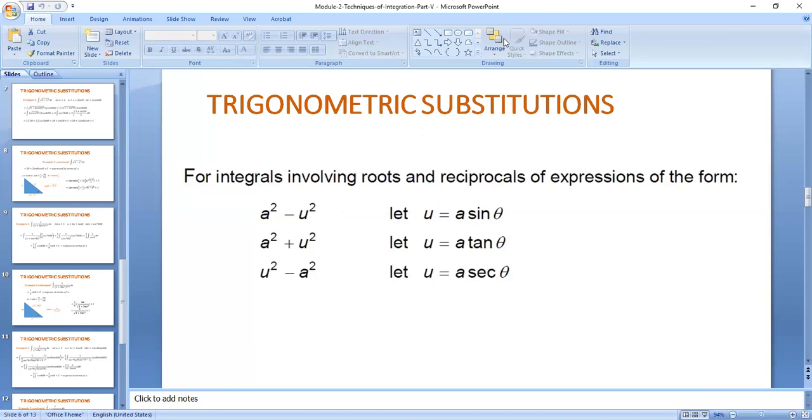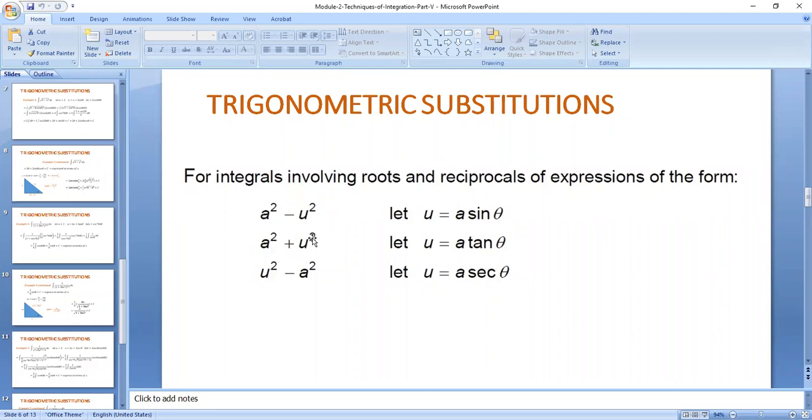So your real number is represented as a squared, so the square root of that would be a. And then you multiply it with the sine of theta. So you will use this substitution equation whenever this particular group of terms, or this expression, exists in your integral.